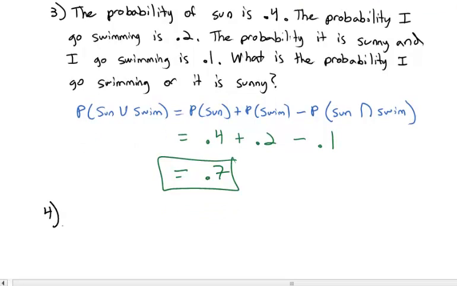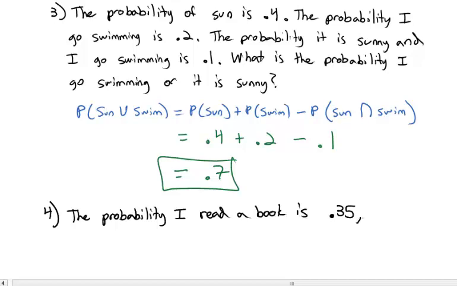How about this? The probability I read a book tonight is 0.35. The probability I watch TV tonight is 0.55.